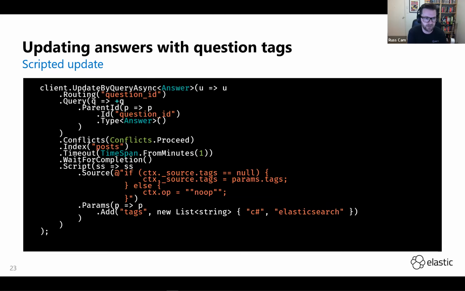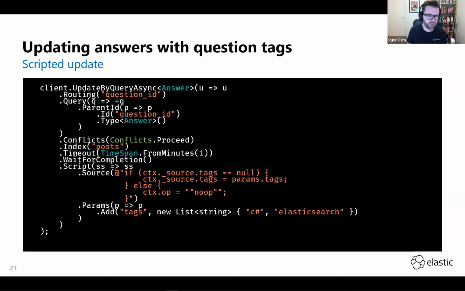Again, using the .NET client, it's going to allow us to run an arbitrary script. This is a script written in Painless, which is the dynamic scripting language that you can use with Elasticsearch. It's basically going to look at answers that match this particular question ID.